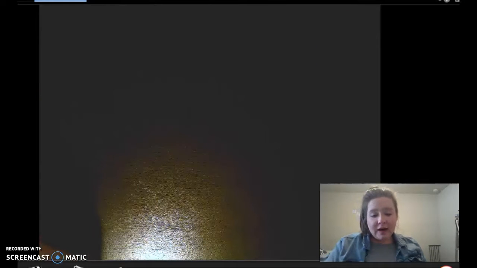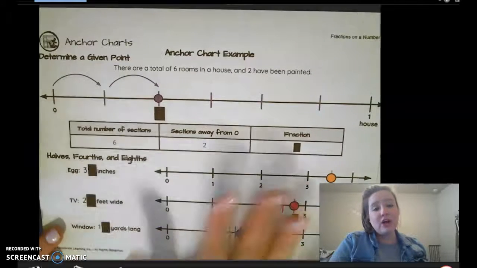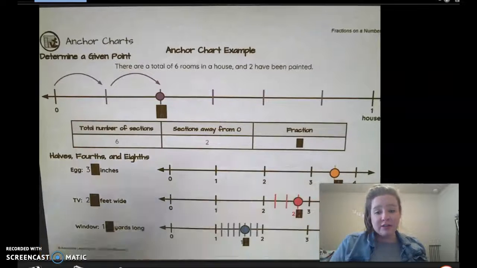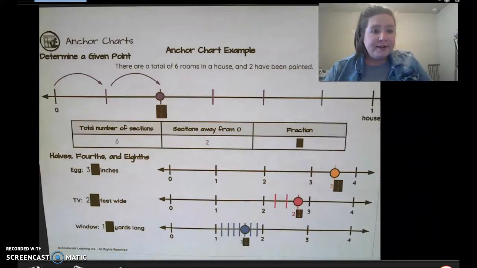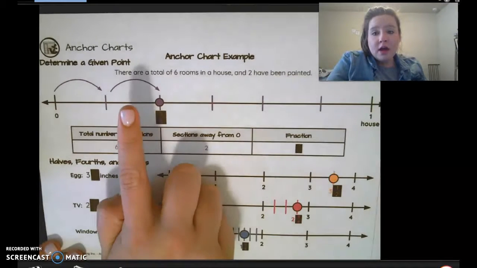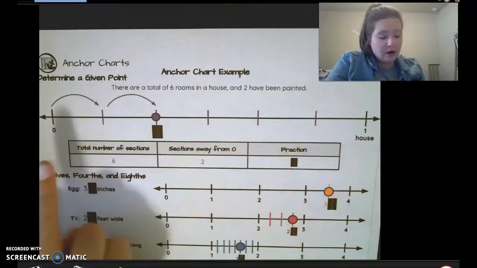All right. I want to move on to talking about fractions on a number line, and just going back to that. I know we've talked about this in the past, but I want to just refresh our memories. Okay, so there are a total of 6 rooms in a house and 2 have been painted, all right?